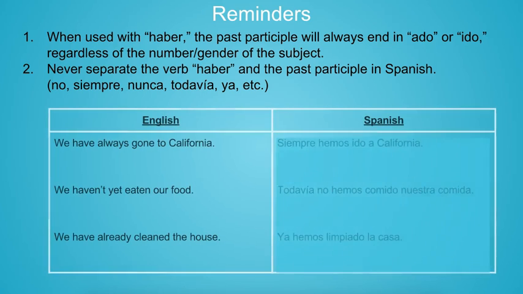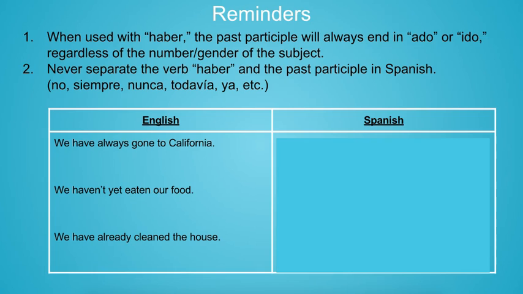Let's look at some examples of how you might separate the word have and your past participle in English. You might say, we have always gone to California. We haven't yet eaten our food. We have already cleaned the house. And that's perfectly acceptable in English. However, in Spanish, you won't do that.